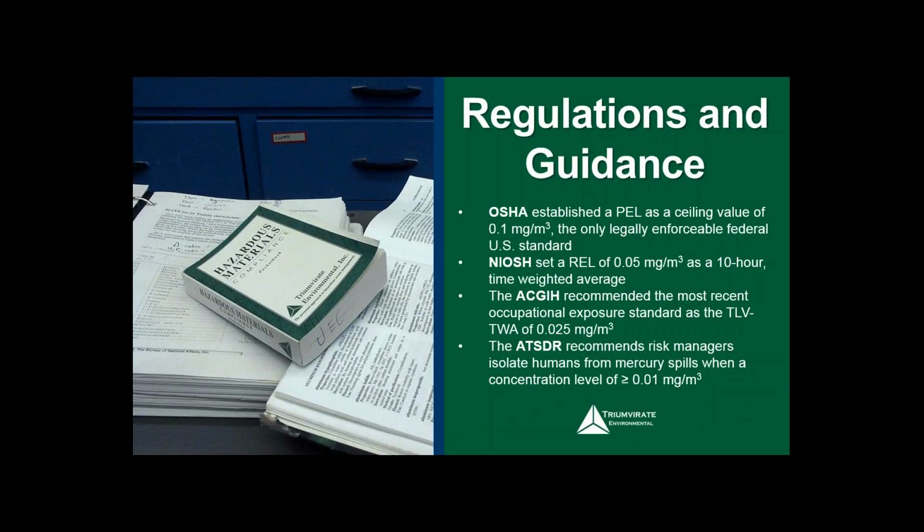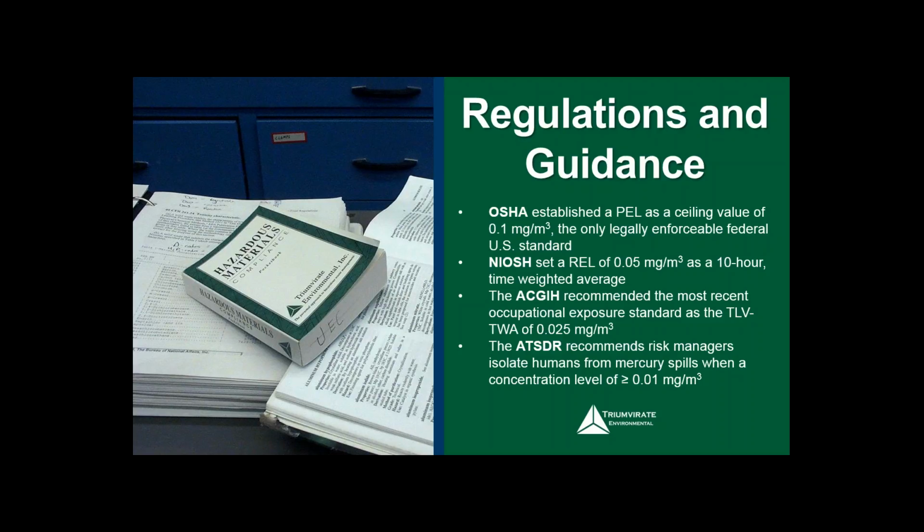So, regulations and guidance relating to all of these detection limits. OSHA has established a PEL as a ceiling value of 0.1 milligram per cubic meter. This is the only legally enforceable federal U.S. standard for mercury. NIOSH set an REL of 0.05 milligrams per cubic meter as a 10-hour time-weighted average.